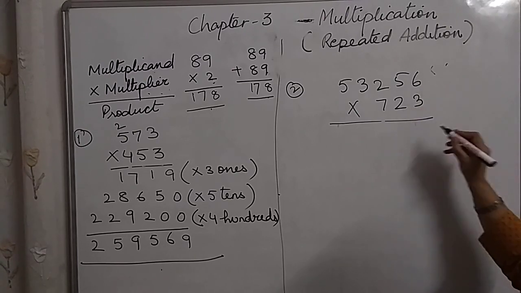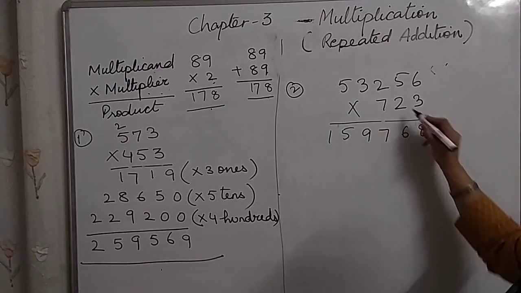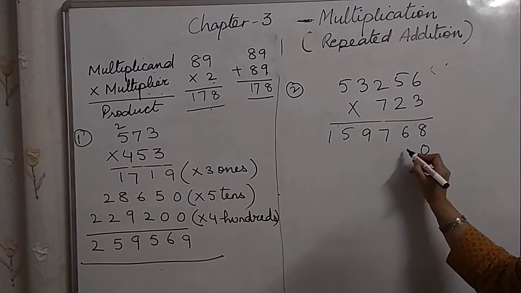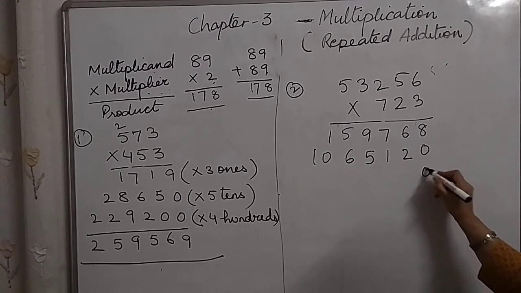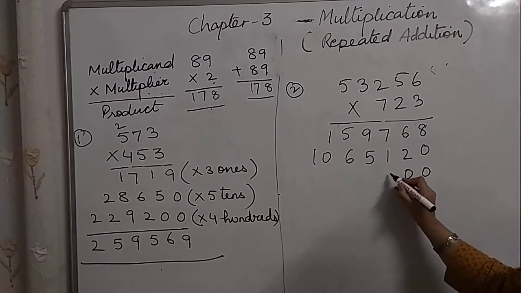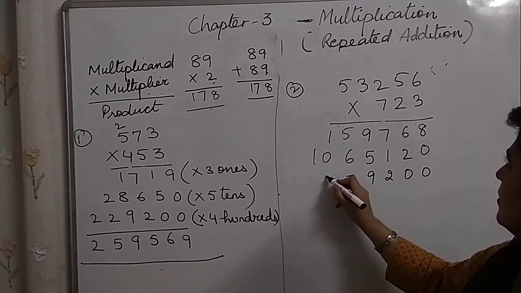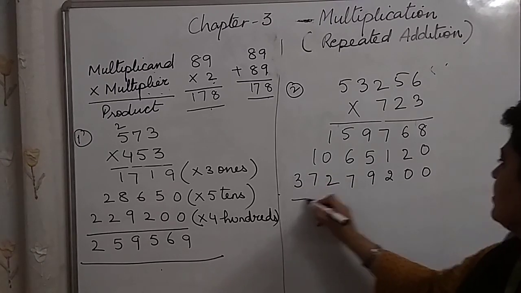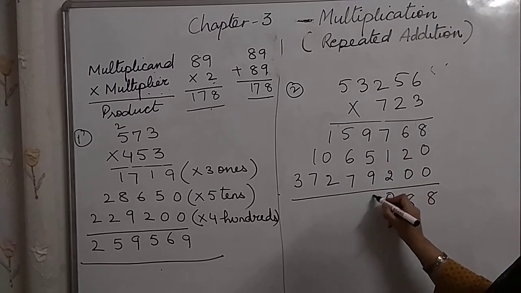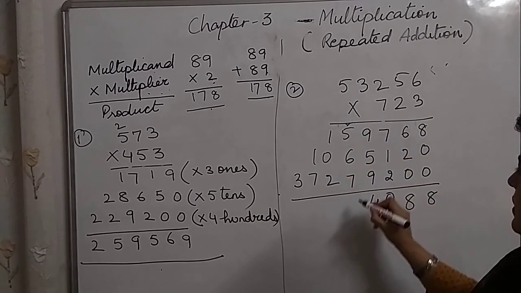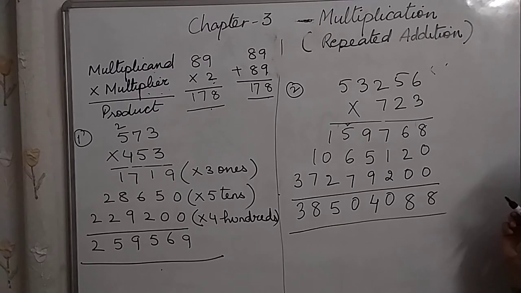So 3 sixes are 18. 2 is at tens place, so we'll put a 0. 7 is at hundreds place, so we'll put 2 zeros. 2, 4, 9, 3, 7, 1, 2, 2. 10, 19, 24, 4, 2. 3850 4088.